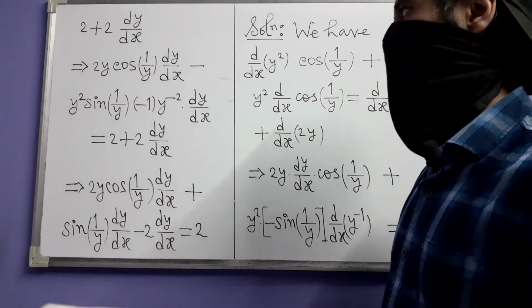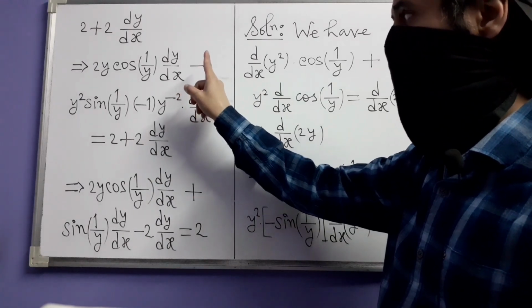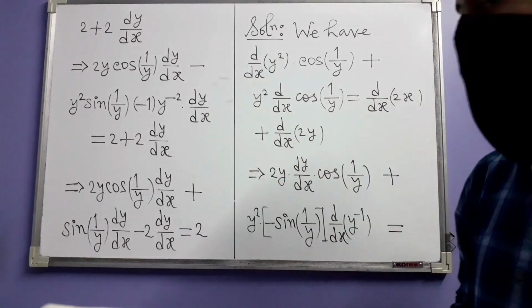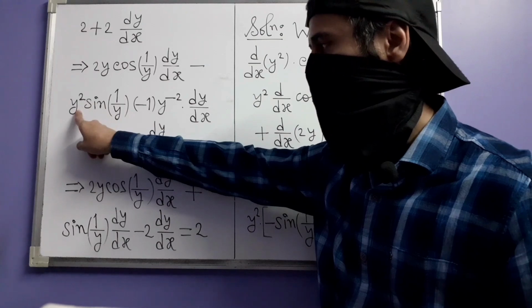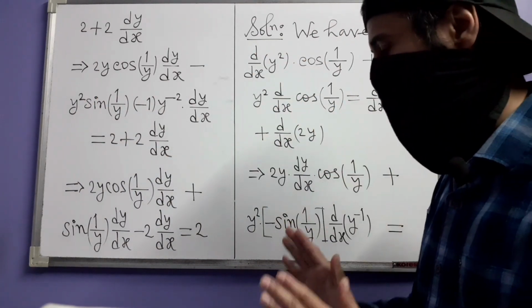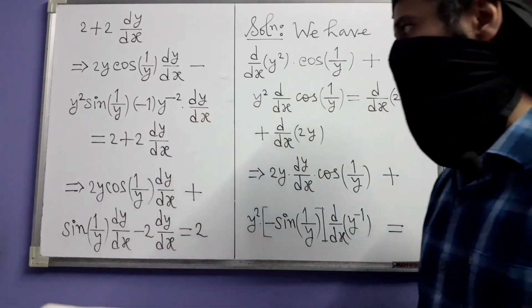In the second term, you already have a minus, but here you are again having minus 1. So that is why plus. This power and this power of y cancel out, leaving you with only sine 1 divided by y times dy/dx.